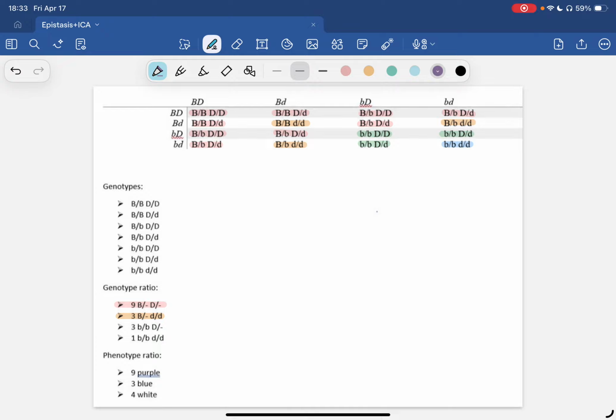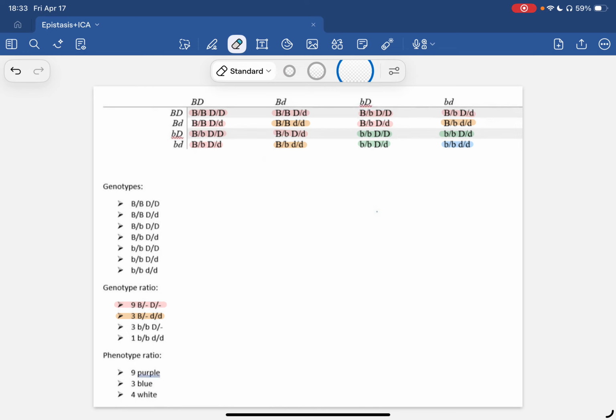And then same thing, looking here on this side, you have two bigs, a big and a little, a little and a big, and then two littles. So this is the 16 box Punnett square.